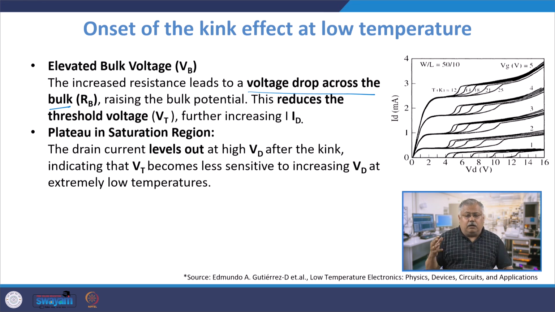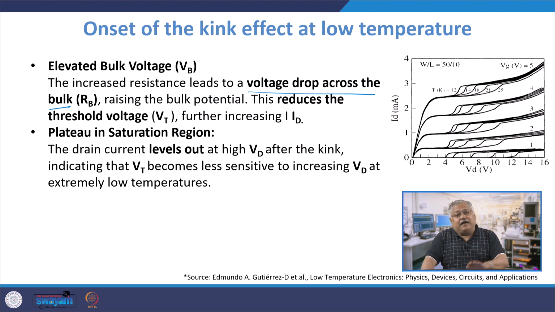Reduce your temperature, and then at somewhere around 4 to 8 or 9 volts, you will see a kink effect coming because of impact ionization. Impact ionization generates electron hole pairs which are equal in number because you do not want to compromise on electrical neutrality. The electrons tend to move towards the drain side, the holes are pushed away from the gate into the bulk, and therefore there is a hole current.